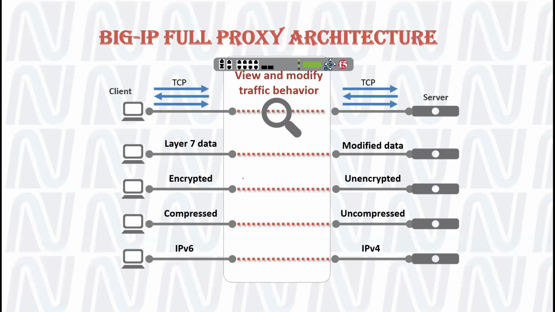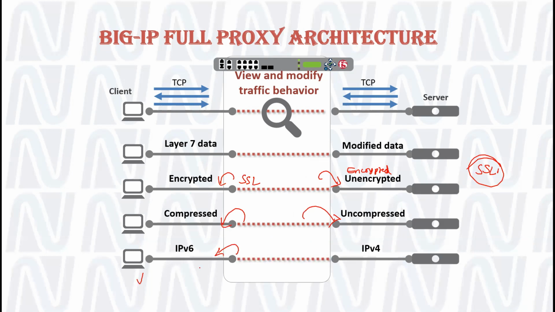This second point is the SSL thing. It can be encrypted on one side and unencrypted on the other side. It can be encrypted on both sides also, depending upon the scenario, which I will explain to you during our SSL class. Then on one side it can be compressed, on the other side uncompressed. Then on one side it can have IPv6.